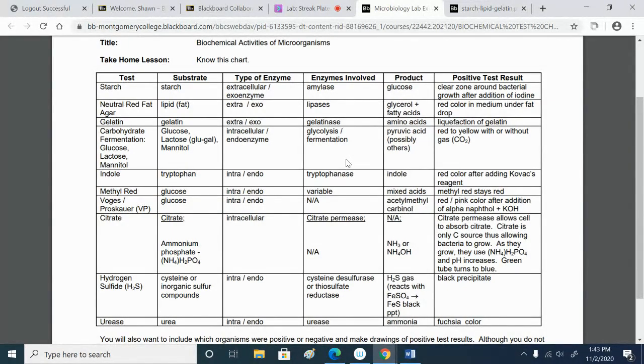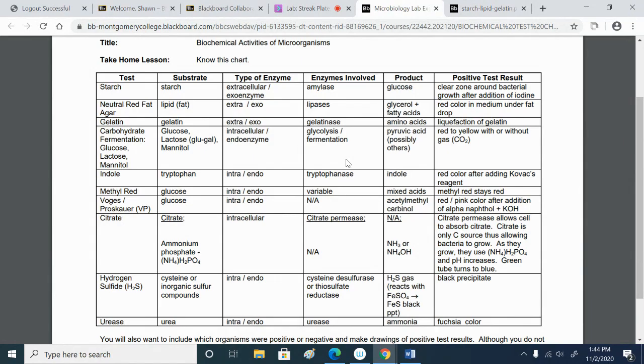Now, fat is another large molecule, and we're talking about a triglyceride. And so what are the two components that make a triglyceride? Is it glycerol and fatty acid? Yep, glycerol and fatty acids.